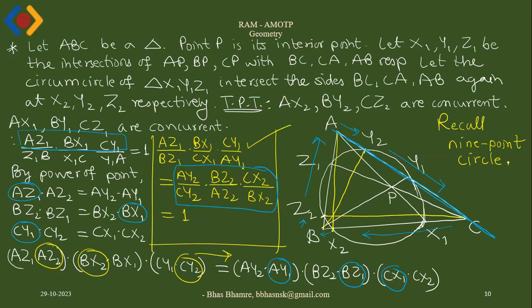So X2, Y2, Z2 would be the feet of altitudes if X1, Y1, Z1 are midpoints of sides BC, CA, AB respectively. I hope you got this, as I consider you know what a 9-point circle is.